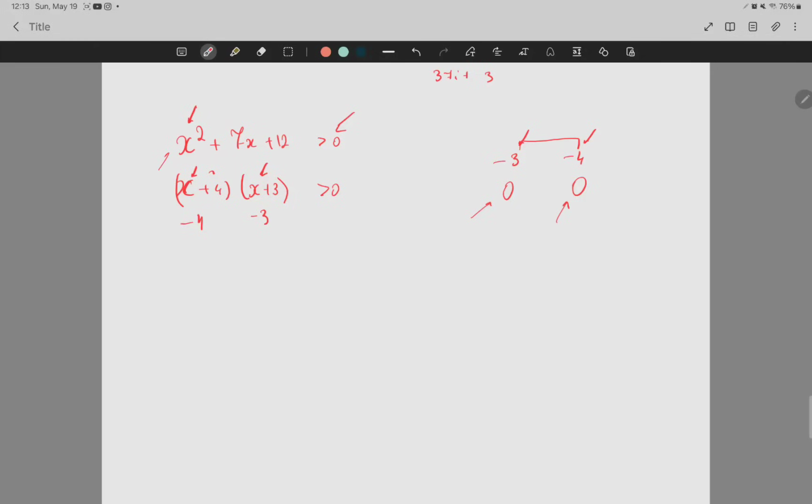In this case the quadratic is positive, so in between negative 4 and negative 3, the opposite of positive is negative. How about after my roots? After, it's normal. If it's positive here, then after the root it's positive, and before the root it's also positive. It only changes in between the roots.